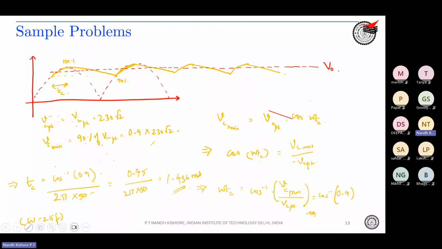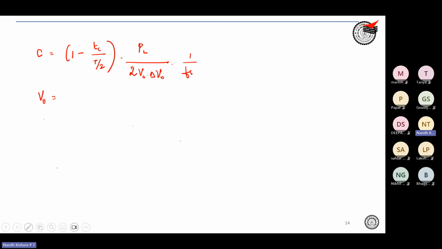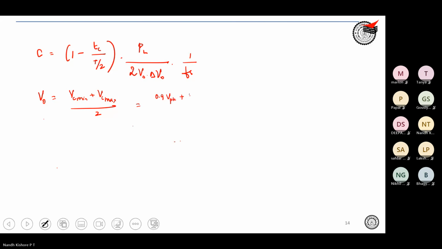I'm going a little fast because we are a little out of time. So V naught is basically VC min plus VC max over 2, just an average. VC min is 0.9 V peak, VC max is V peak, over 2.